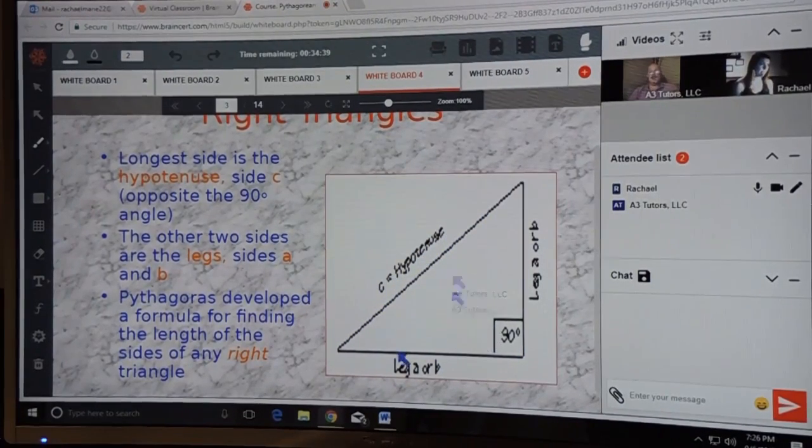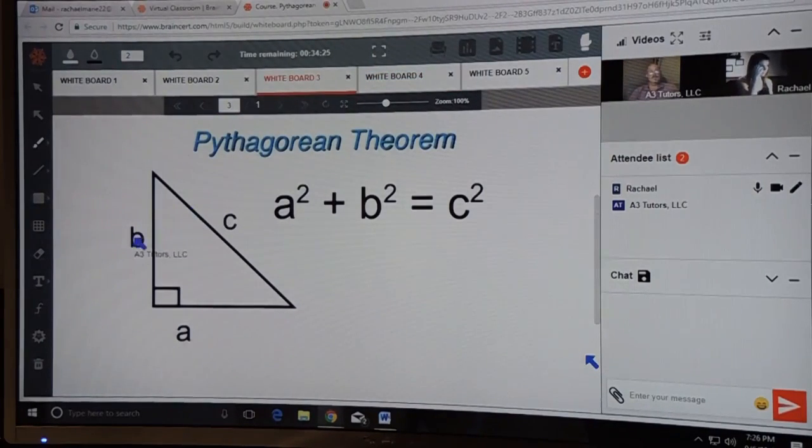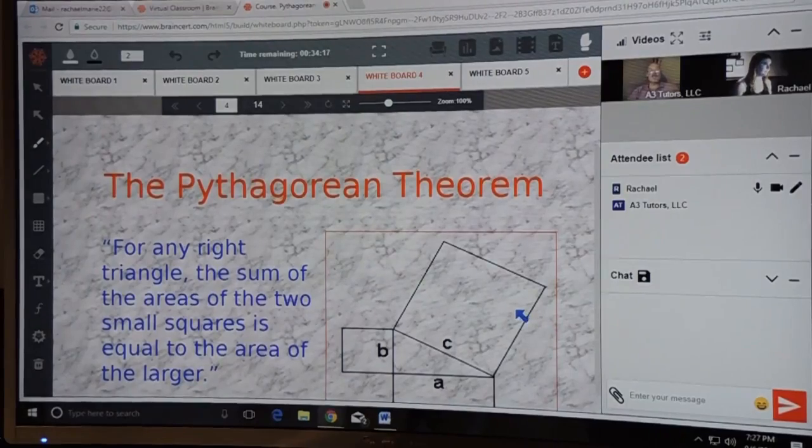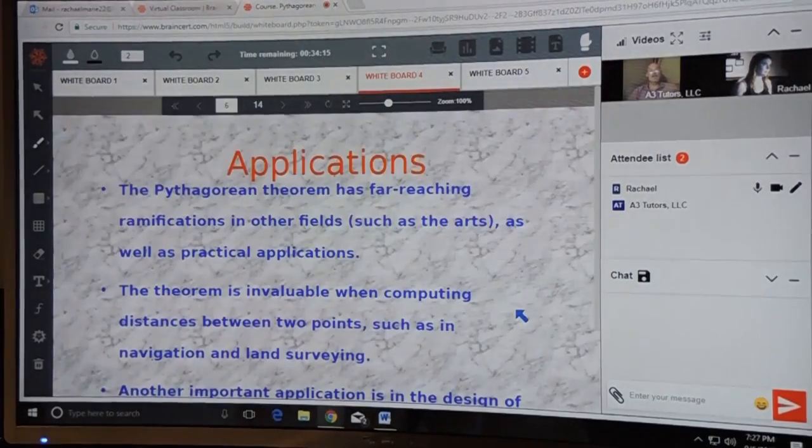And these? The legs. Yes, you have two different legs, either A or B, and then the hypotenuse C. Perfect.